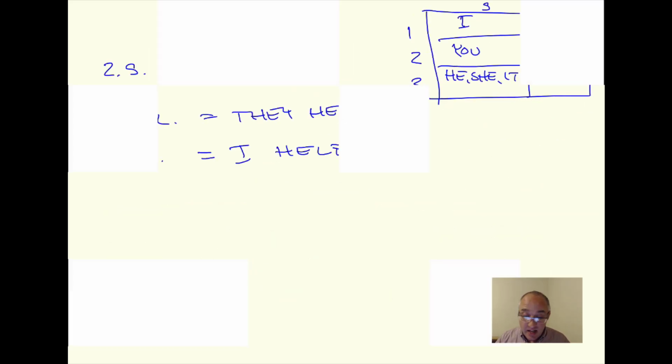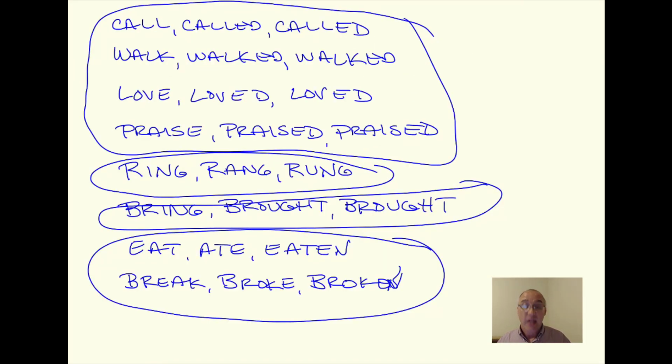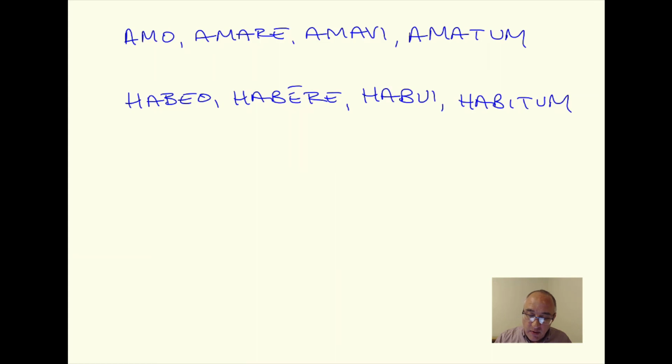It's exactly the same thing as all of these verbs here. It's exactly the same thing as walk, walked, and walked. If I want to use the present tense, I would use the first one. I call. Oh, what if I want to use the past tense? Something I did yesterday. Oh, then I have to go to called. Exact same thing here. I use the first two for the present tense or the future tense, and then we'll get to all the other uses of it.